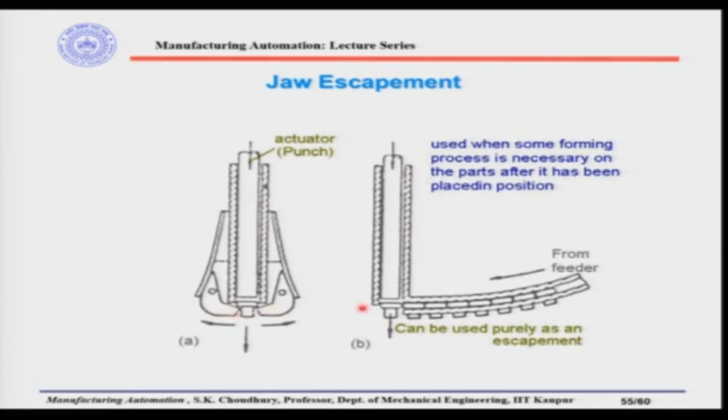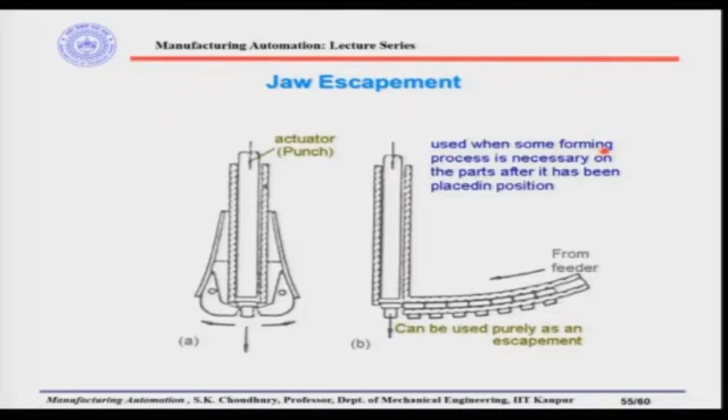In this figure you can see that the parts are coming from the feeder like this, and the actuator can be used as the escapement, as well as when it is required to push, for example, for push fitting or for riveting, used when some forming process is necessary on the parts after they have been placed in position.